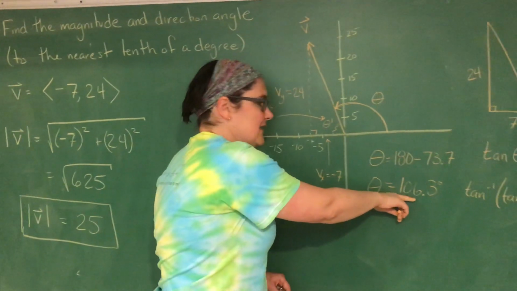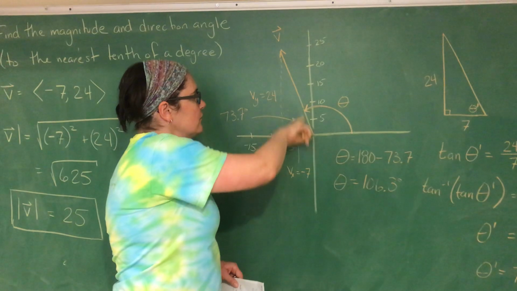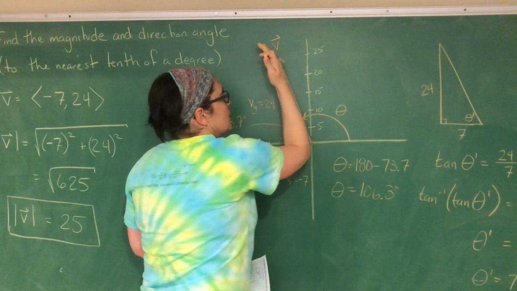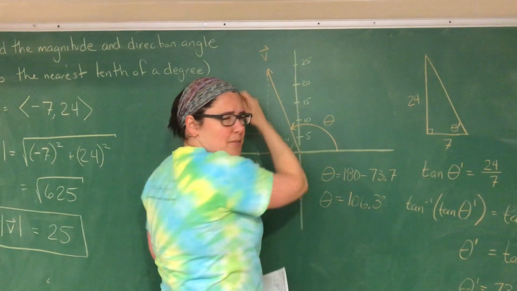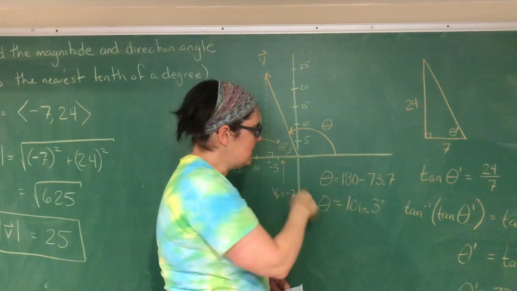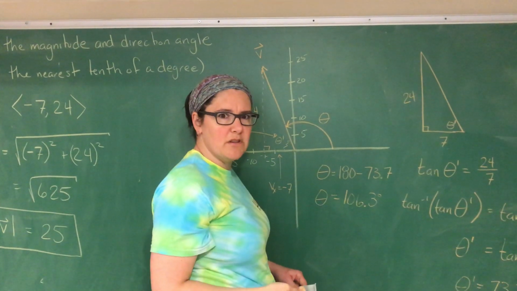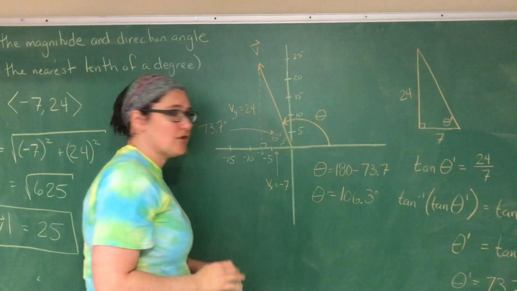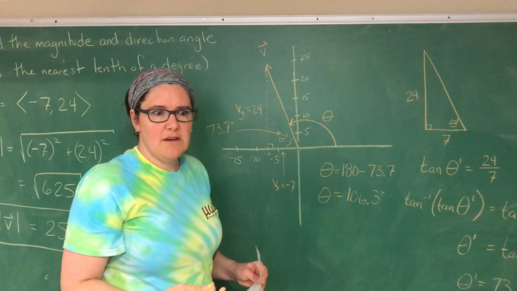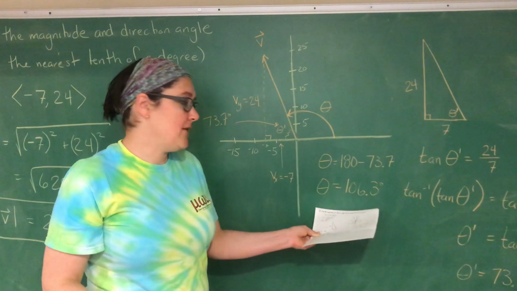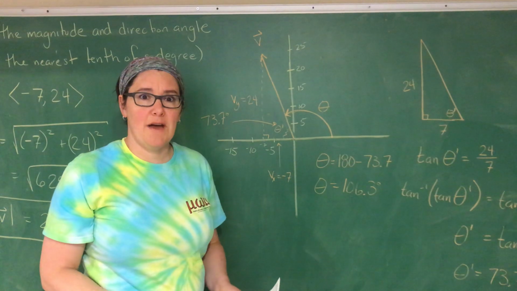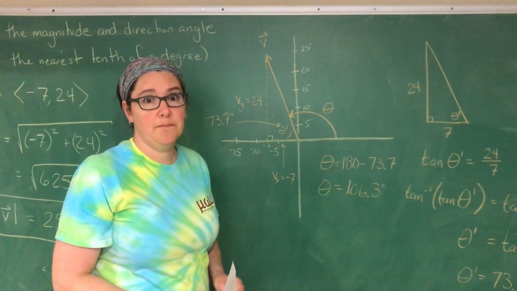That kind of makes sense to me because when we drew this, the angle is more than 90, but not a lot more than 90 degrees. So 106 is not that much more than 90 degrees. Just by the picture, it gives me a sense of security that my final angle is a reasonable value for our direction angle.